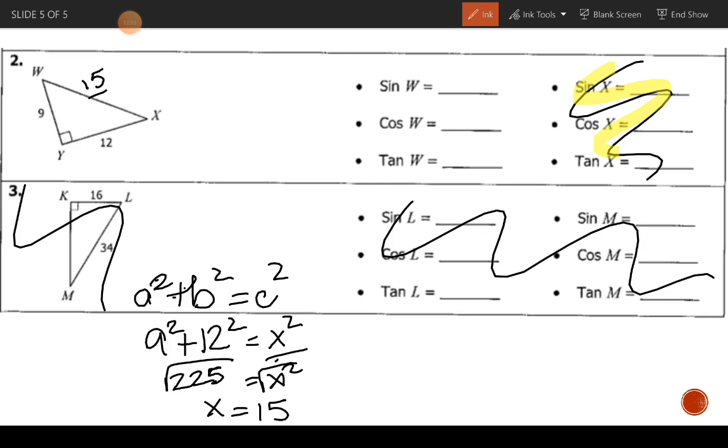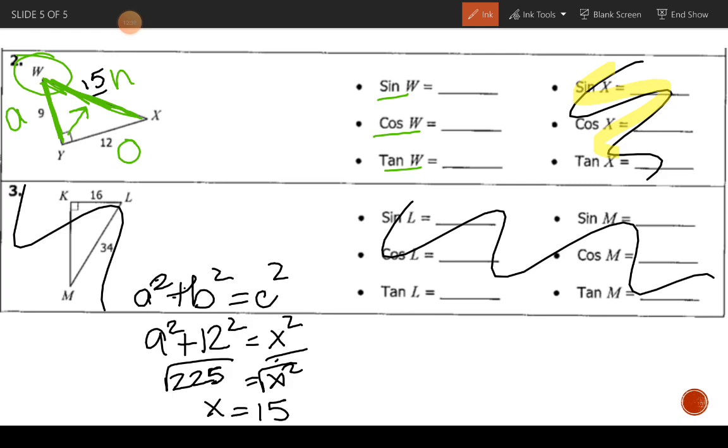Okay? So going from angle W, because again, sine, cosine, tangent are all coming from angle W, we label our triangle. So across from the right angle is my hypotenuse. The side that touches my W, that's the adjacent. And then again, the side that doesn't touch the W, that's going to be the opposite.